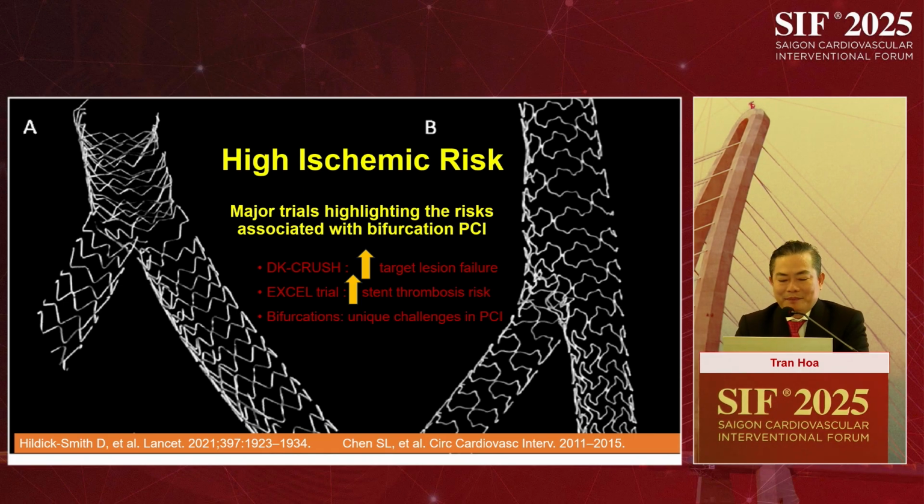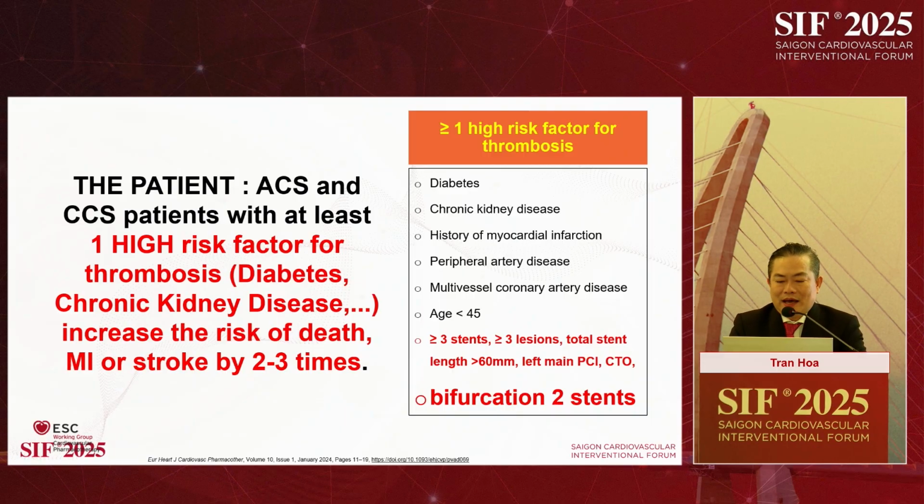Nowadays we have a lot of major trials highlighting the risk associated with bifurcation PCI, with DEFINITION and SL trials, showing increased target lesion failure and increased stent thrombosis risk.